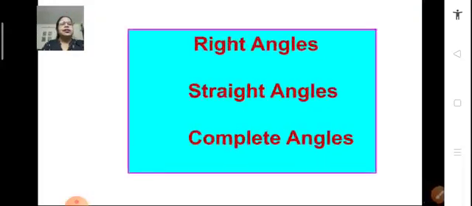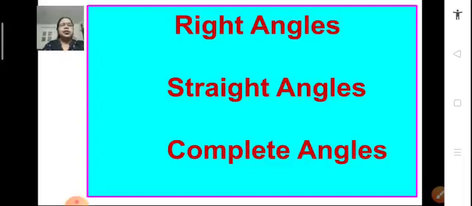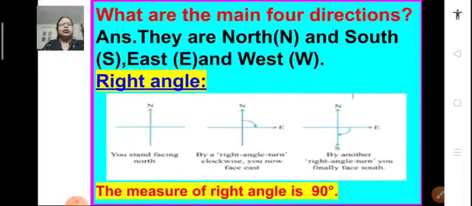Now, let us learn more about right angles, straight angles and complete angles. Children, you know what are the four main directions? They are north, south, east and west. So, children, if you are facing north and if you move in clockwise direction and if you reach east, then we can say that you have turned through one right angle.